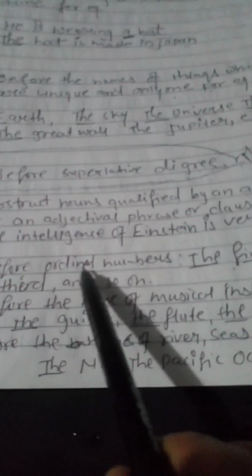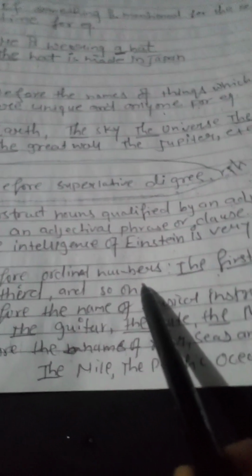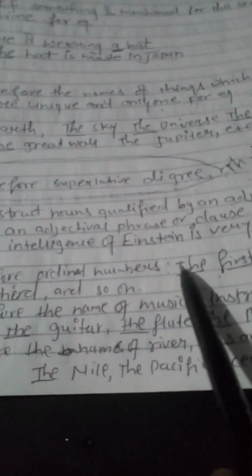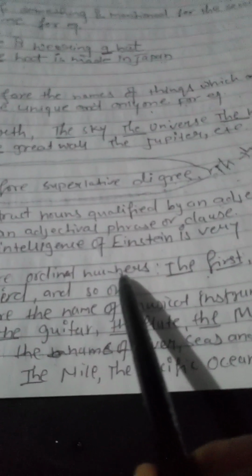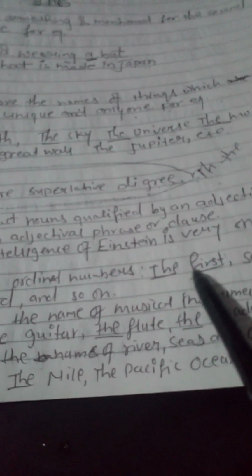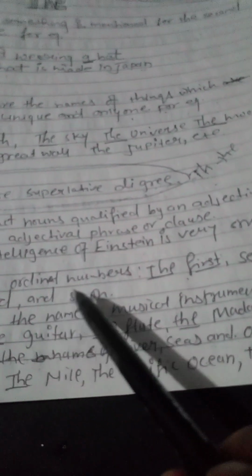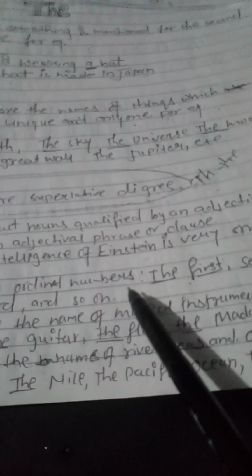So next here, before ordinal numbers, we always use the definite article the before ordinal numbers. That means order. For example, the first, the second, the third, the last, the fourth, and so on.